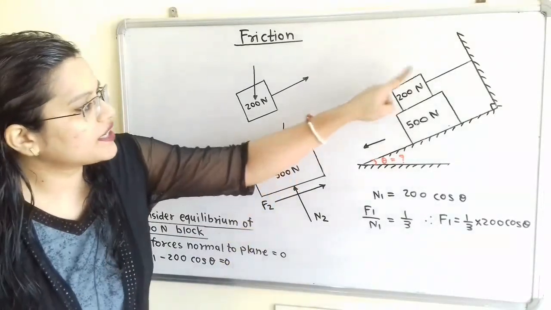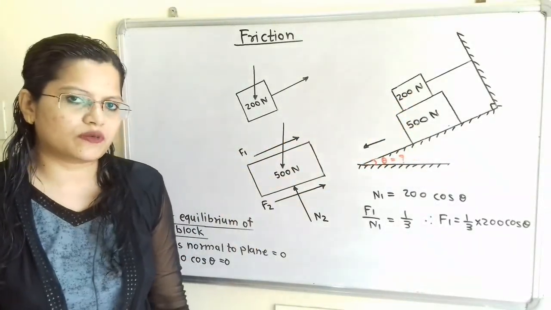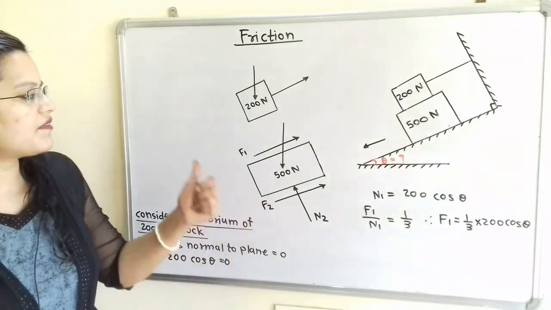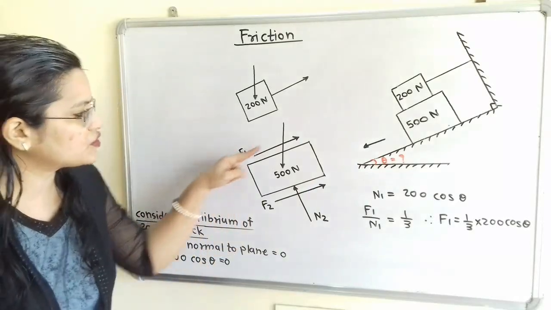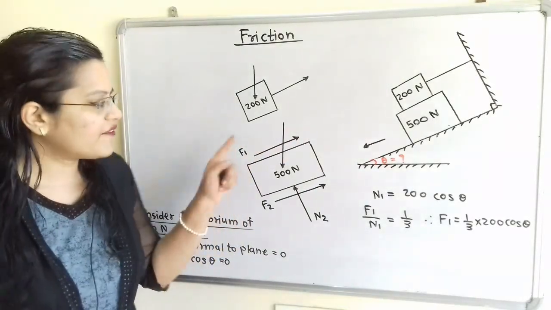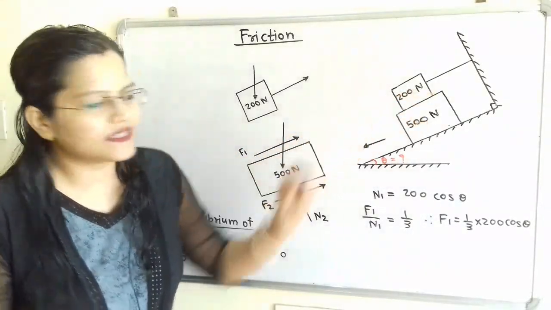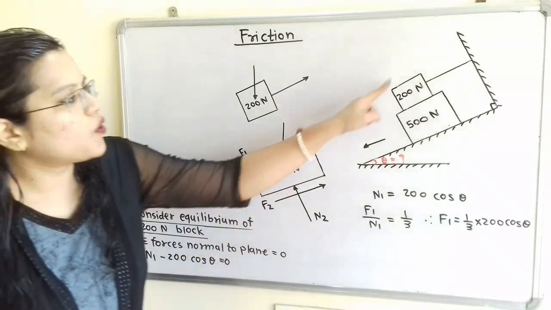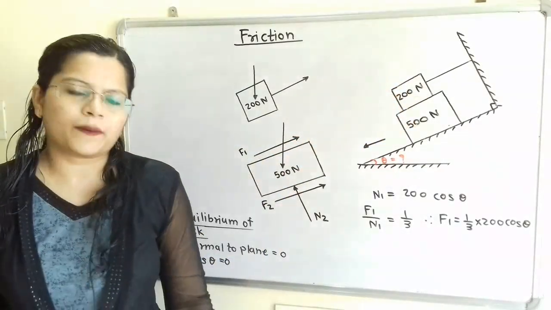Now the lower surface of this 200 Newton block is in contact with the 500 Newton block. So the motion of the 500 Newton block, if we observe, is in the downward direction, so the frictional force is in the opposite direction, that is F1. So F1 is the frictional force for the upper surface, and the lower surface of the 200 Newton block is in contact with that upper surface.